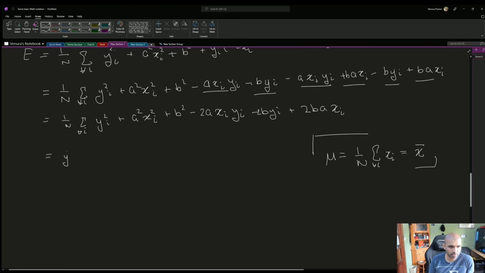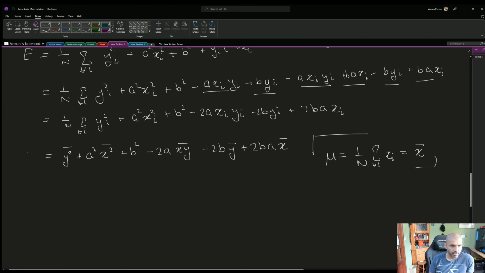Now we have this y squared bar plus a squared x squared bar plus b squared, and then we're going to have this 2a xy bar, this 2b y bar, and last but not least, this 2ba x bar, right?